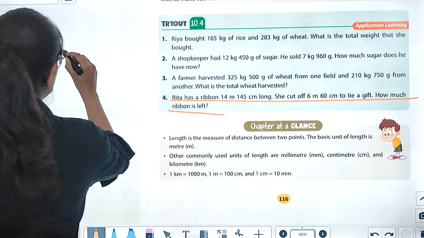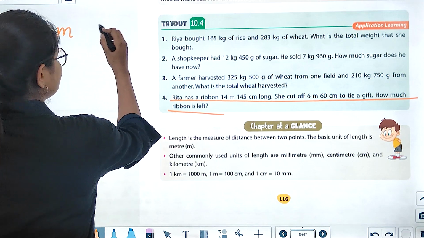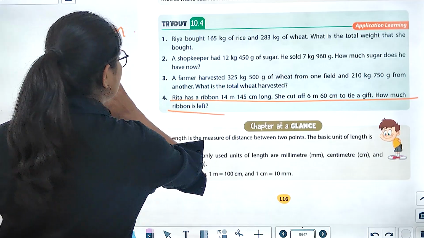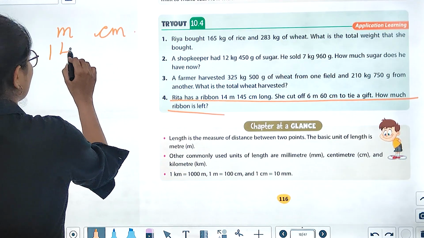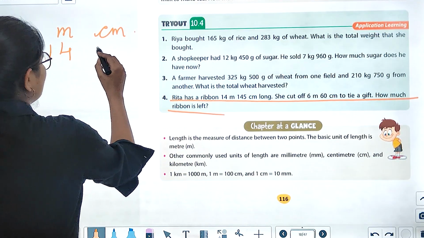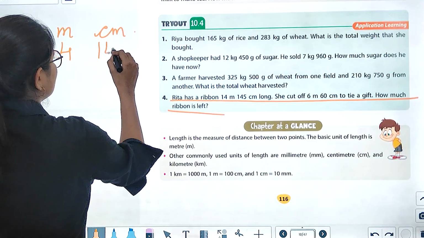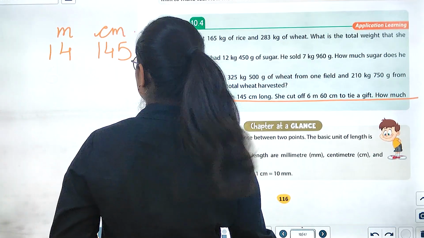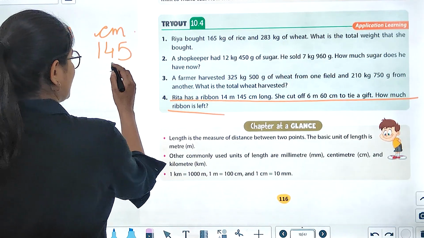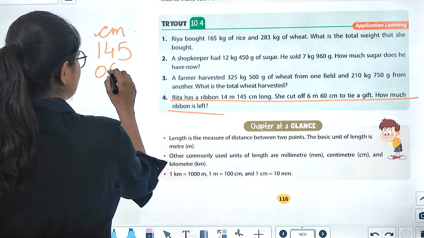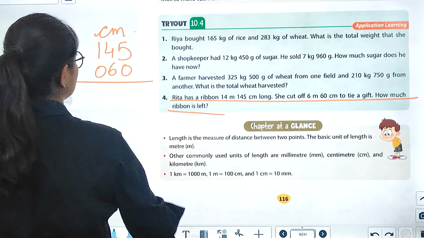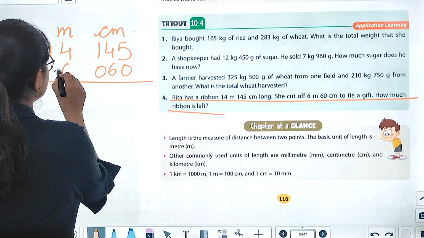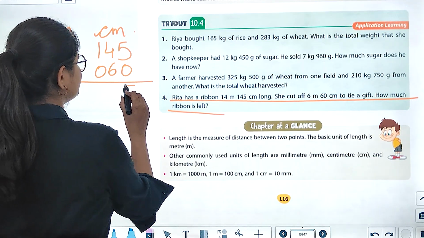So it is, let's subtract it. So we'll write meter over here and centimeters over here, right? Then we'll put the values. So we need to subtract 6 meters and 60 centimeters from 14 meters, 60 centimeters, right? So let's subtract it. So it is 5 minus 0 is 5.